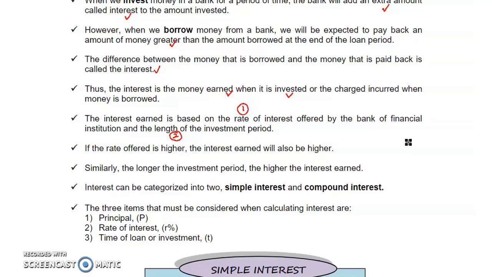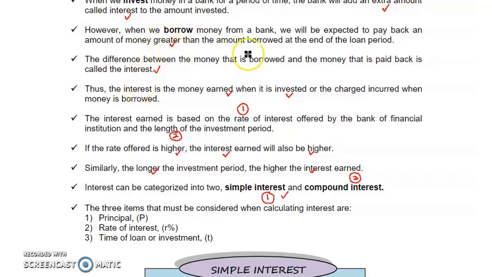If the rate offered is higher, then the interest earned will also be higher, or the interest that you need to pay back will also be higher. Similarly, the longer the investment period, the higher the interest earned. We have two types of interest: simple interest and compound interest. In this video, we're going to learn about simple interest first.